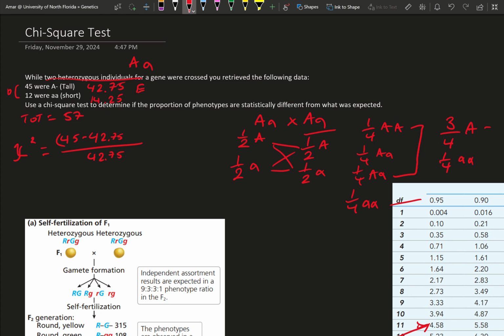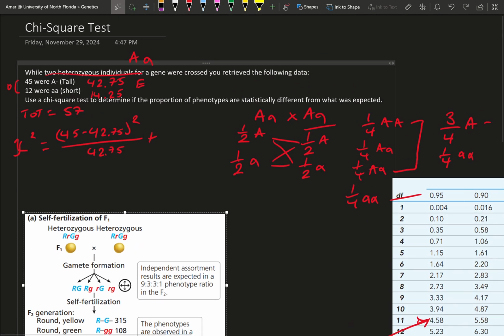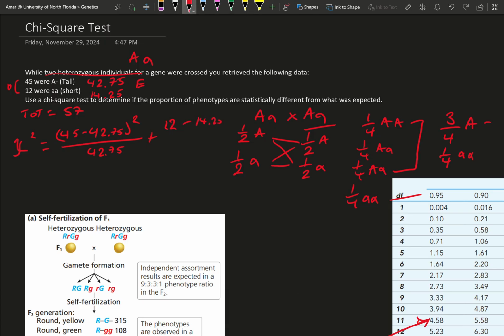And then for the other phenotype, we do exactly the same thing: 12 minus 14.25, squared, divided by 14.25. Let me just take a couple of minutes to multiply these together.